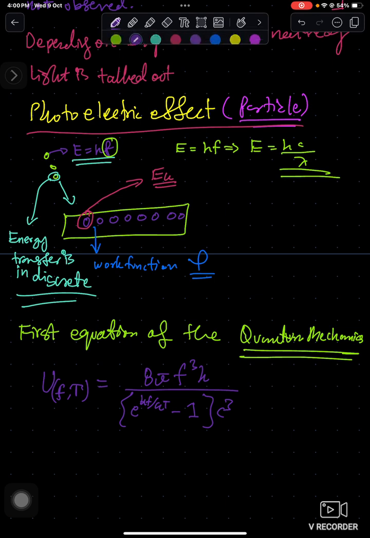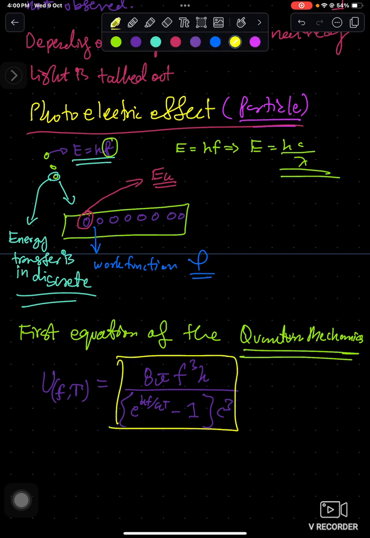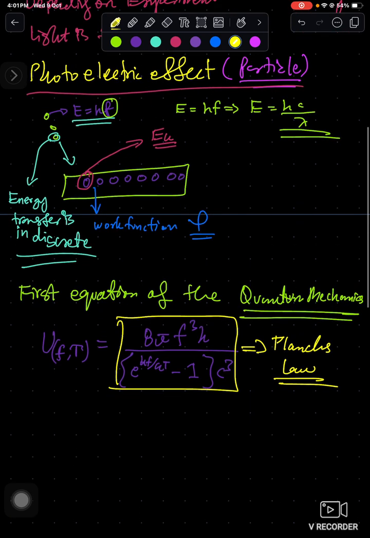This equation shows that energy can't be transferred in the continuous form. It will transfer in discrete amounts. This is from Planck's law. The first law, the law made by Max Planck.